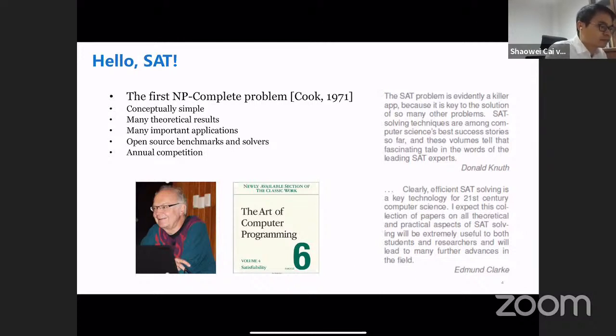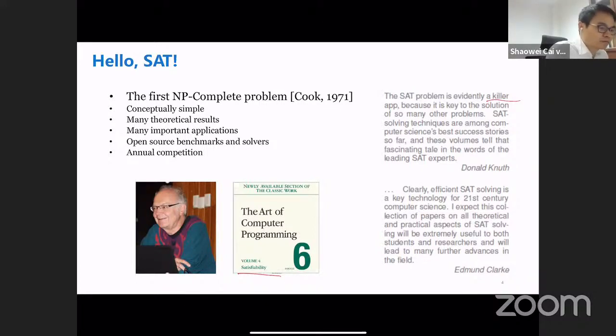The SAT problem is also emphasized by several experts. For example, Donald Knuth, in his famous book series The Art of Computer Programming, wrote a volume about satisfiability, and he says that the SAT problem is a killer app, because it is the key to the solution of so many other problems.